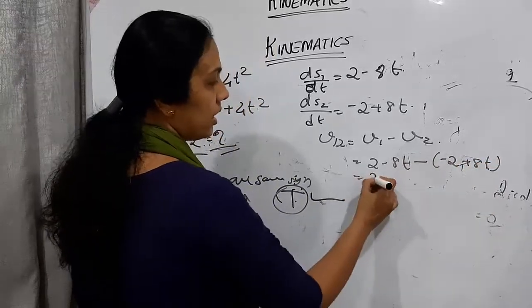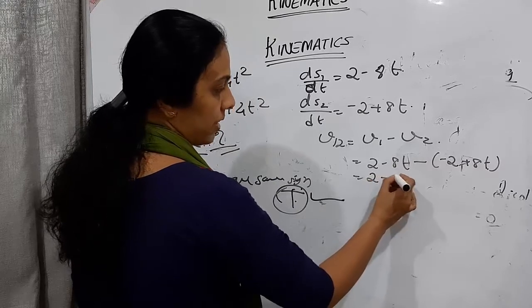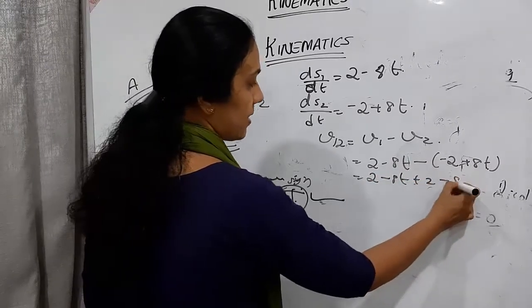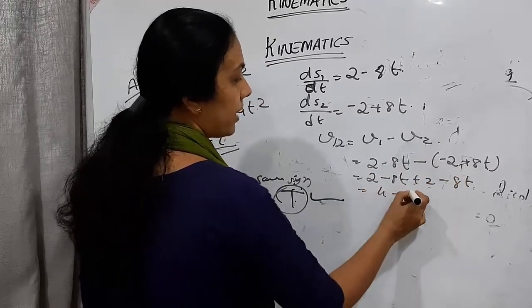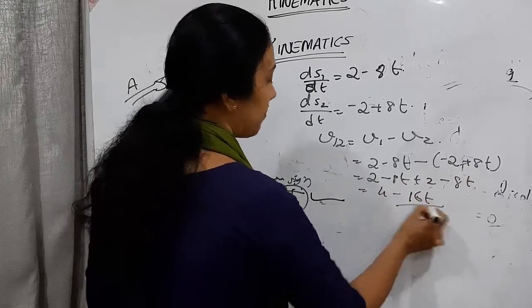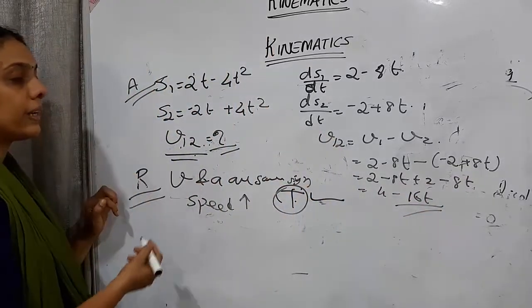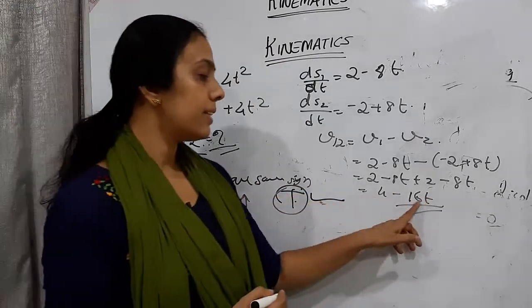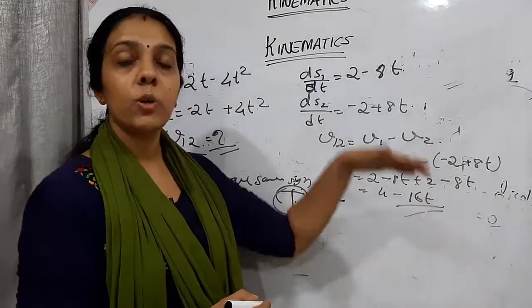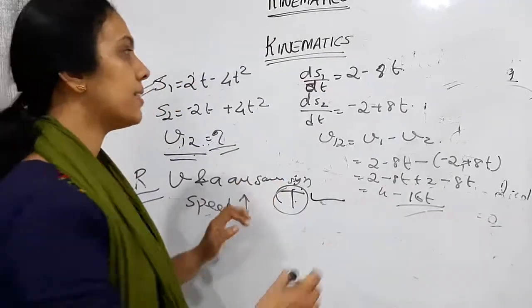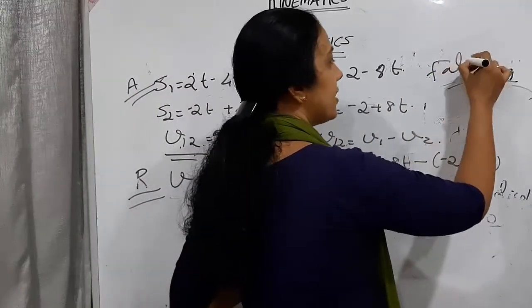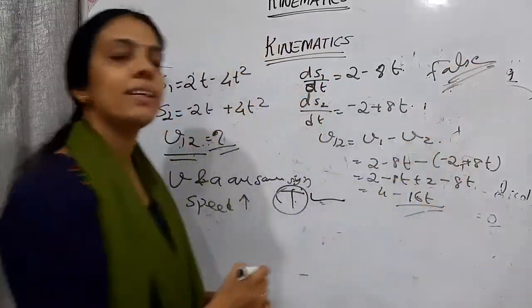So here it is 2 minus 8t plus 2 minus 8t, so 4 minus 16t. As time increases, relative velocity is decreasing, so it is not going on increasing. So this is false. Assertion is false and reason is true.